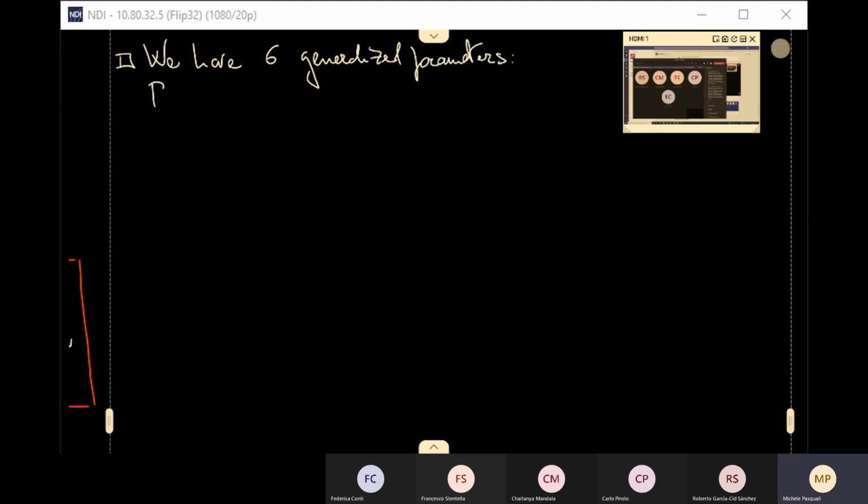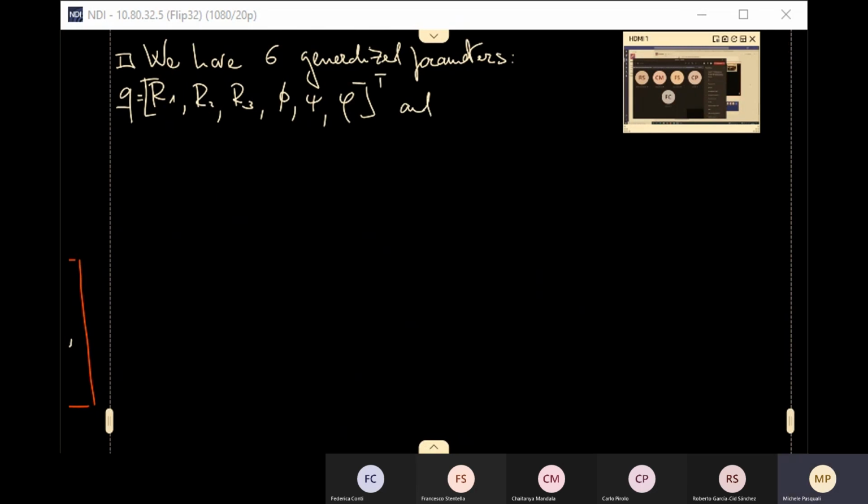Which is R1, R2, R3, and then we have phi, C, var phi. And how many conditions? We have seen it.